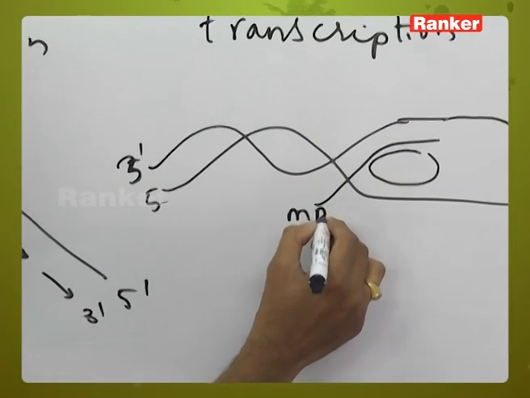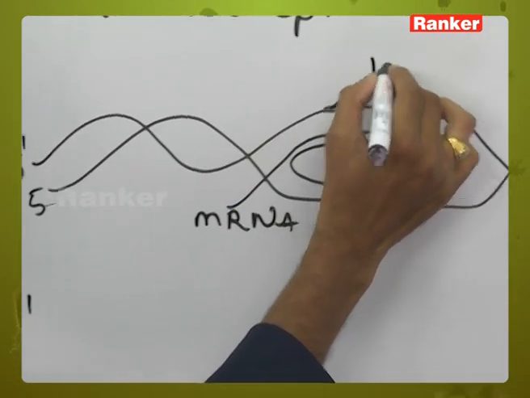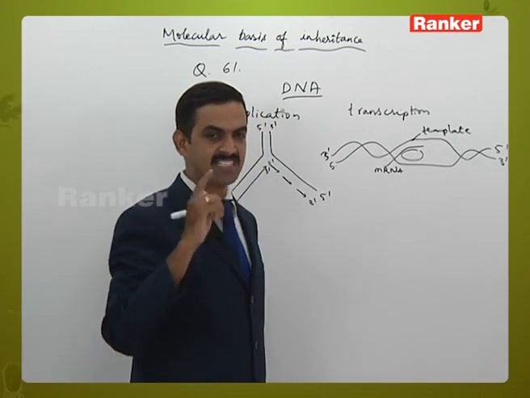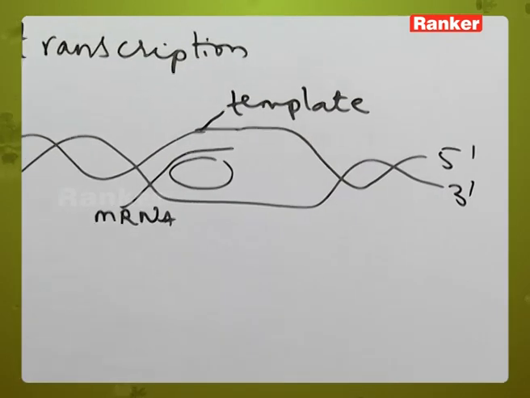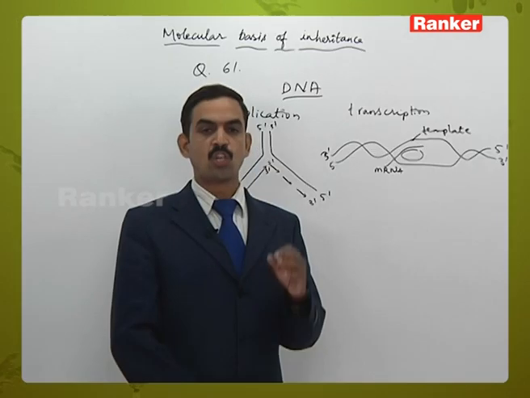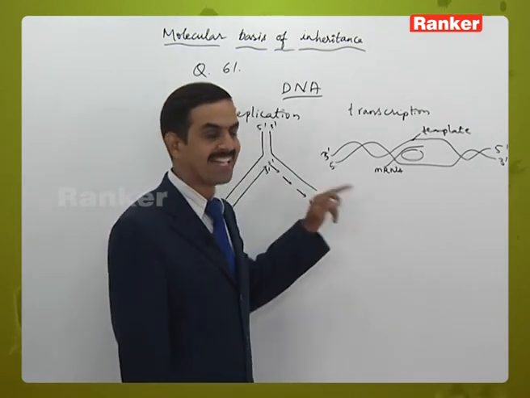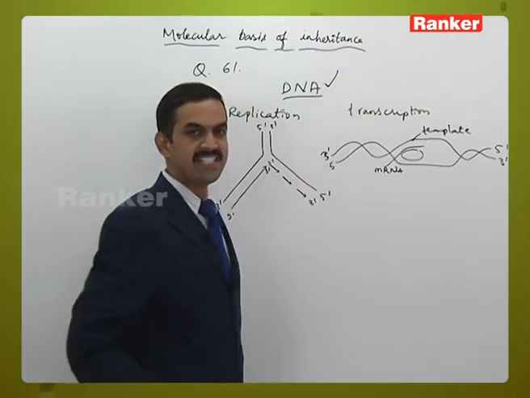So this is the RNA molecule. In this one, this is acting as a template. During transcription, only one of the strands is acting as template, but in the replication process, two are acting as a template. So the common precursor molecule involved in the production of template molecule for replication and transcription is DNA molecule.